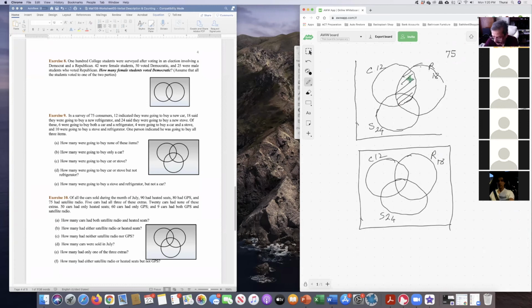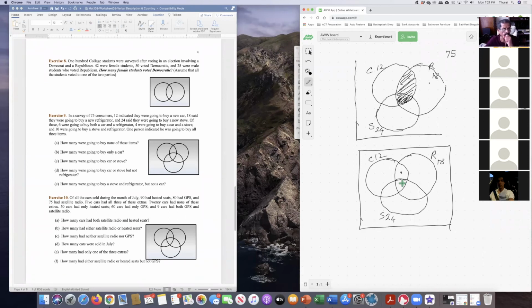So that's why we cannot write the 6 there. The area common to C and R is this entire section, which includes part of the area common to all 3. So this whole thing is not 6, it's this and this together is 6. So I'm going to leave it out. I'm not writing that anywhere.